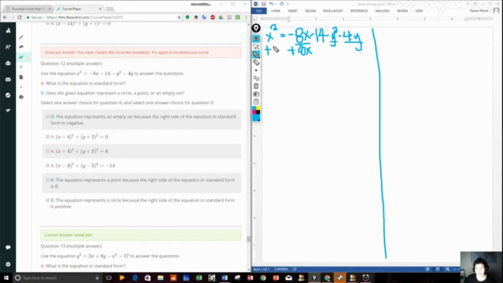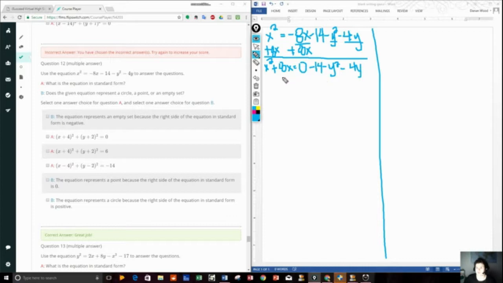and add 8x. Okay, x squared and 8x are not like terms, so we're going to have this right now as x squared plus 8x equals, alright, now negative 8x plus 8x is going to be 0, minus 14 minus y squared minus 4y.